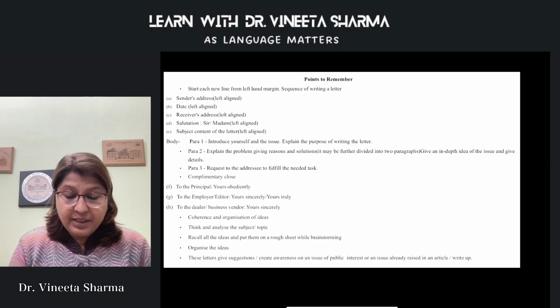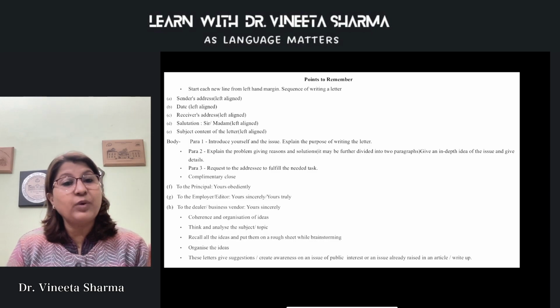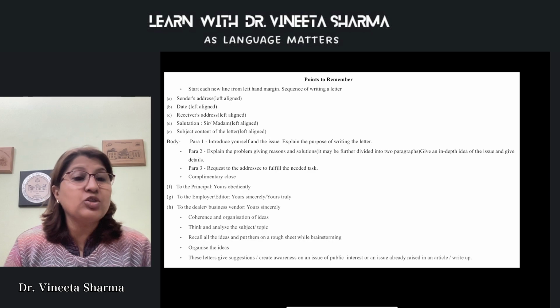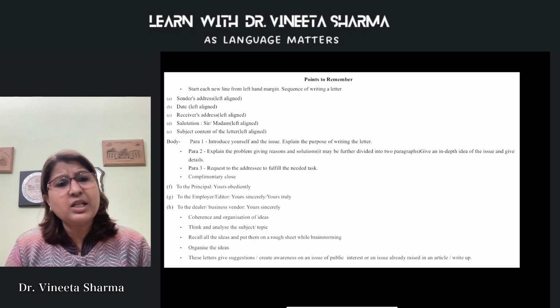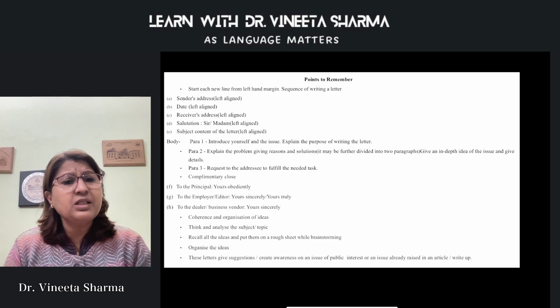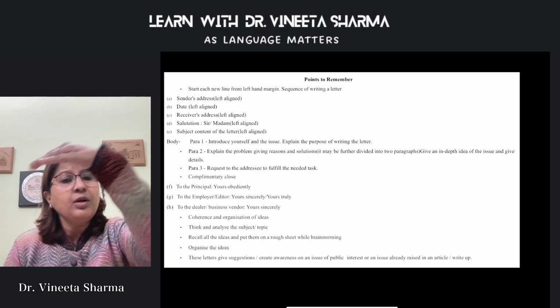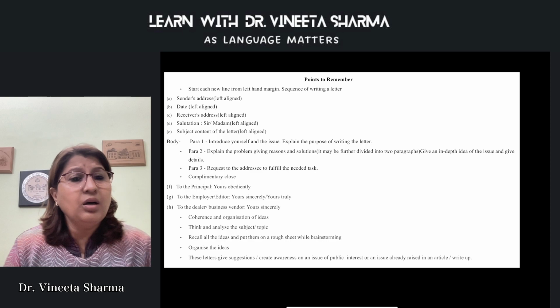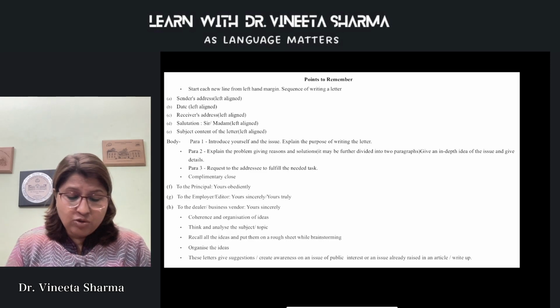Recall all the ideas and put them on a rough sheet while brainstorming. You can always use the last page of your answer script as the rough sheet, or I would even suggest you make use of a pencil, and on the top of your sheet somewhere above the margin you can write points if you want, in very small font. That can also be done.